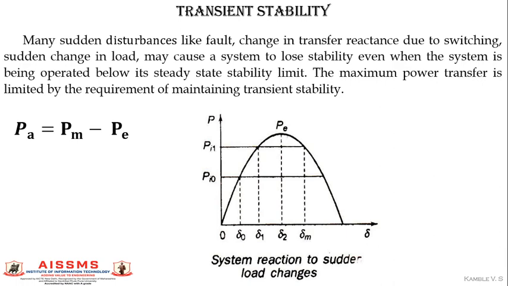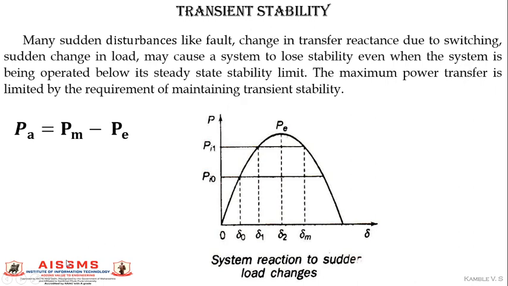Now if the disturbances are large, the faults taking place in the system are large faults, then the stability which is achieved by the system is called transient stability.